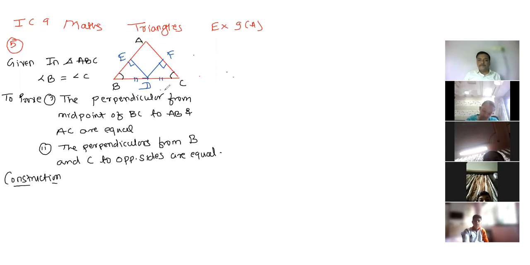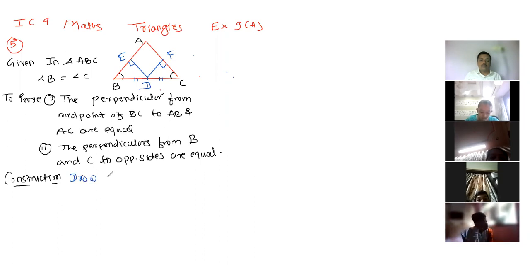So now we have to do the construction. Draw DE perpendicular to AB and DF perpendicular to AC. One more construction, but we will do that later. Now the proof.